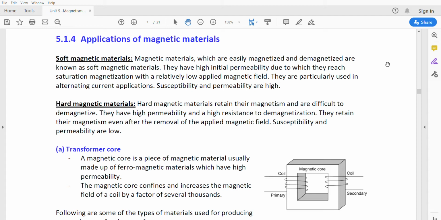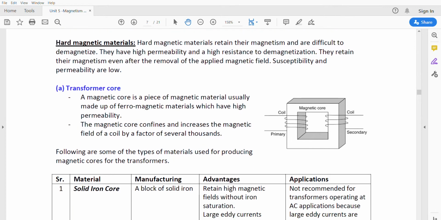When the external field is applied with high intensity and strength, then they will magnetize, and after the magnetization they will retain that magnetization. Even if you remove the external field, it will take so much time to remove this magnetism. So these materials are said to be hard magnetic materials. Their susceptibility and permeability values are low.